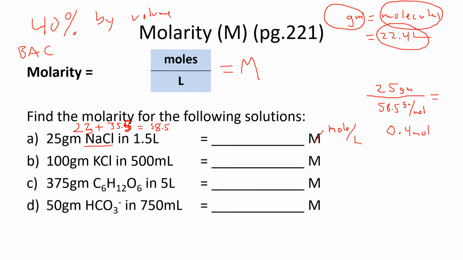We don't want moles, we want molarity. So don't round it. Take that number and divide it by the number of liters, which is 1.5. Now we are in the correct units, moles per liter, for molarity. 0.4 divided by 1.5 is 0.26.